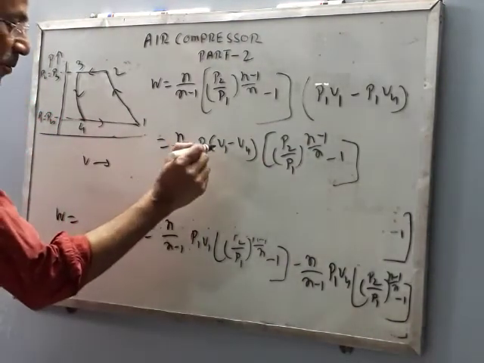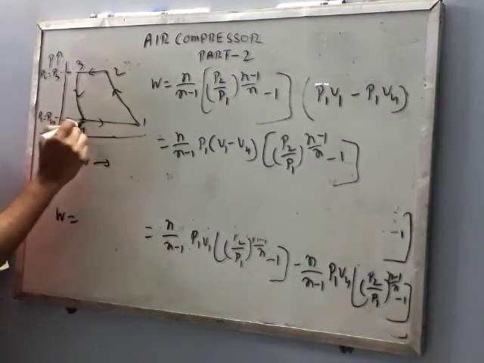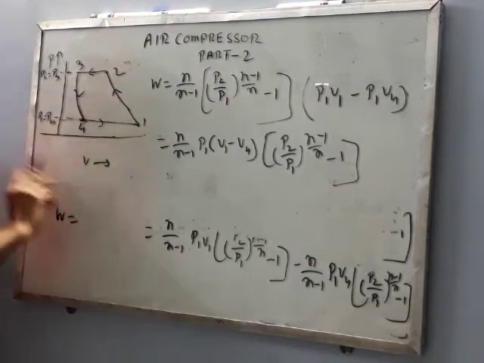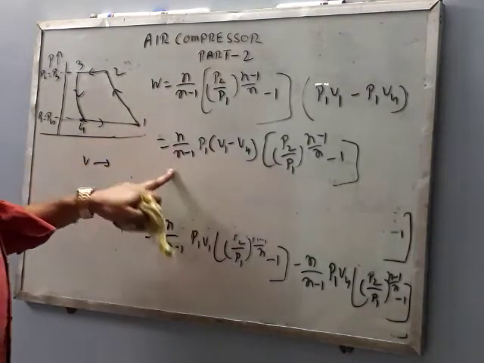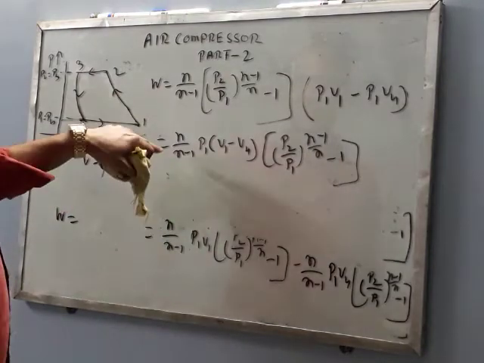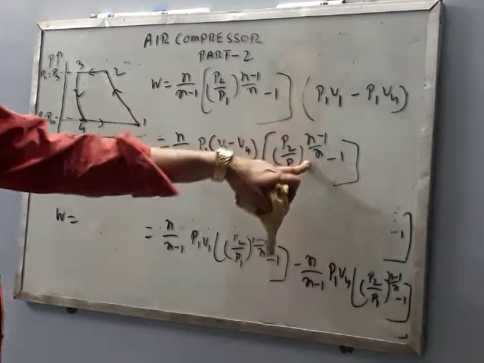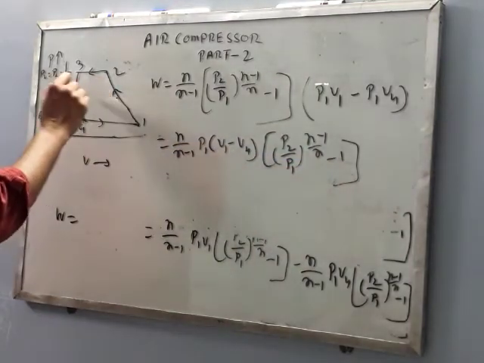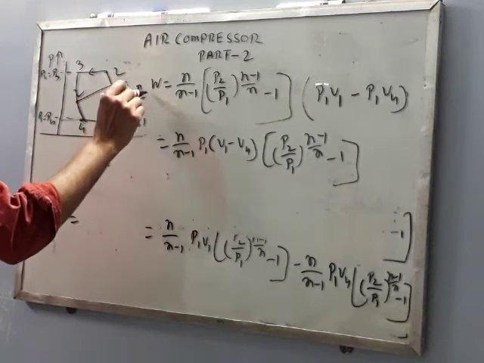So this V1 minus V4 is the air sucked during the suction stroke. So with clearance, the work done on the air is equal to n by n minus 1 P1 (V1 minus V4), P2 by P1 to the power n minus 1 by n, provided both compression and expansion follow the same law, P V to the power n is equal to constant.